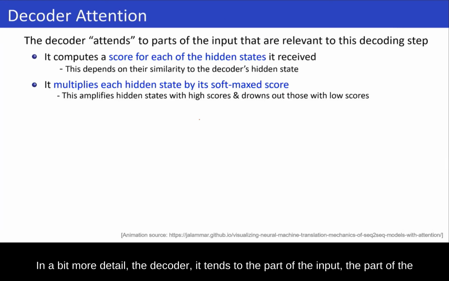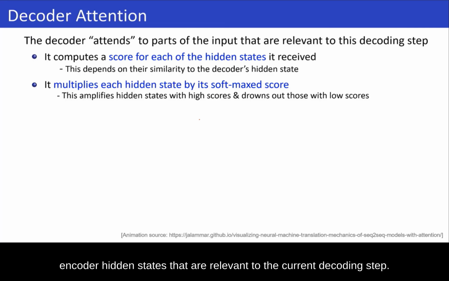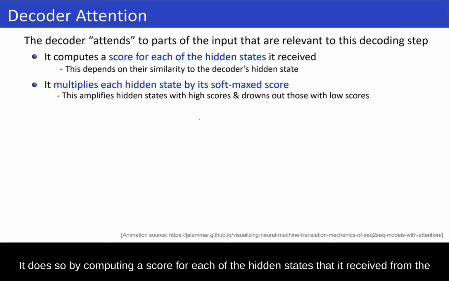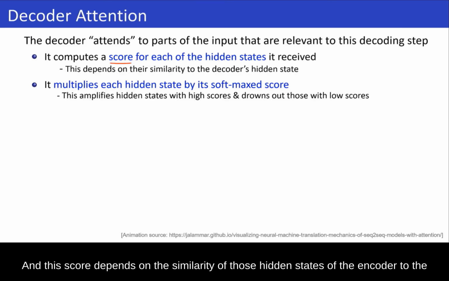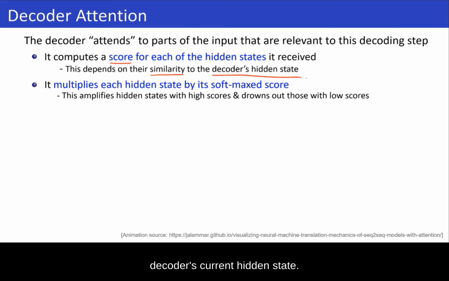In a bit more detail, the decoder attends to the part of the encoder hidden states that are relevant to the current decoding step. It does so by computing a score for each of the hidden states that it received from the encoder. This score depends on the similarity of those hidden states of the encoder to the decoder's current hidden state.